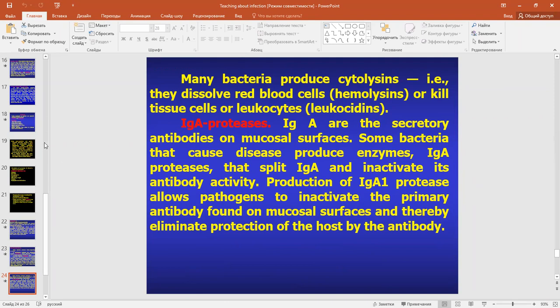Immunoglobulins A are the secretory antibodies on mucosal surfaces. Some bacteria that cause diseases produce enzymes named immunoglobulin A proteases that split IgA and inactivate its antibody activity. So production of IgA protease allows pathogens to inactivate the primary antibody found on mucosal surfaces and thereby eliminate protection of the host by the antibody.